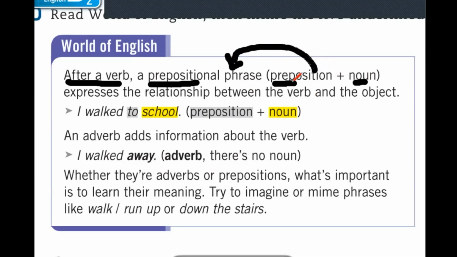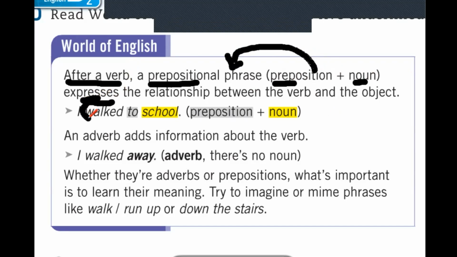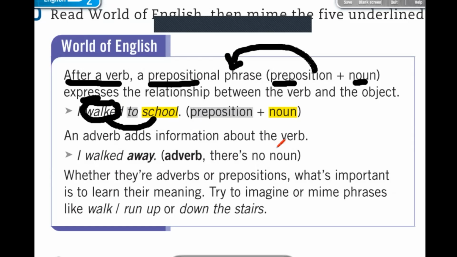And when we have a prepositional phrase after the verb, it's just expressing the relationship that exists between the action and the object. The object, in this case, is the school. The relationship that exists between the verb and the object is pointed out or indicated by the prepositional phrase, which is the combination of a preposition and a noun.